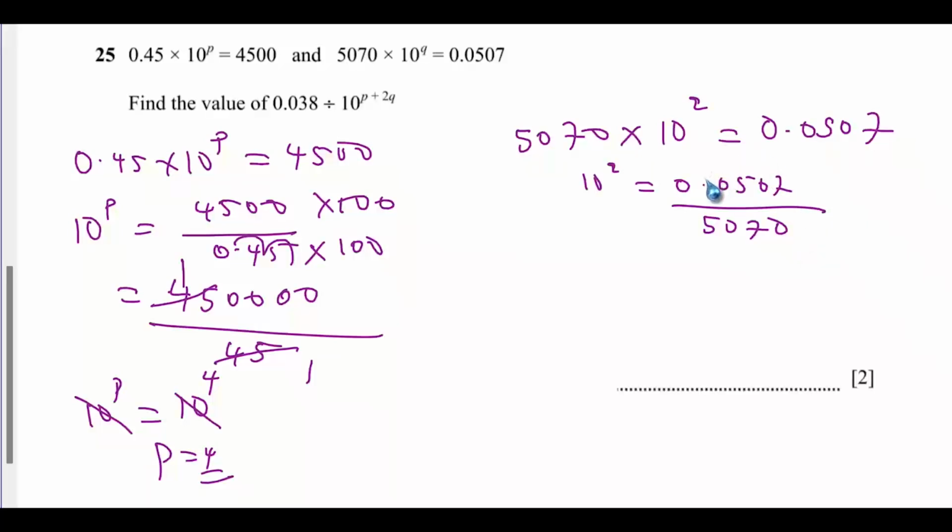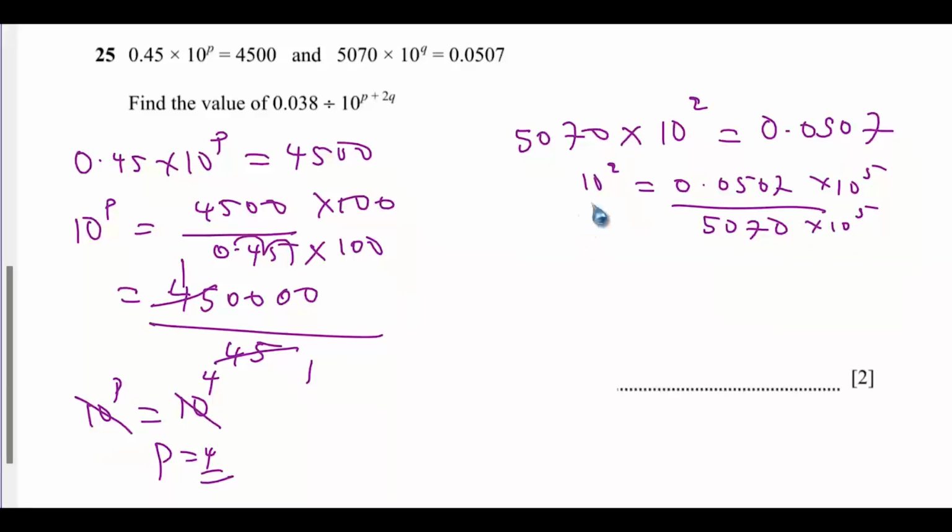So that means we need to shift these decimal points 1, 2, 3, 4. So if we do this 4 times, that will give us 507. But we still need to have additional 0 at the back. So that will be times 10 to the power of 5. So this one will also be times 10 to the power of 5.